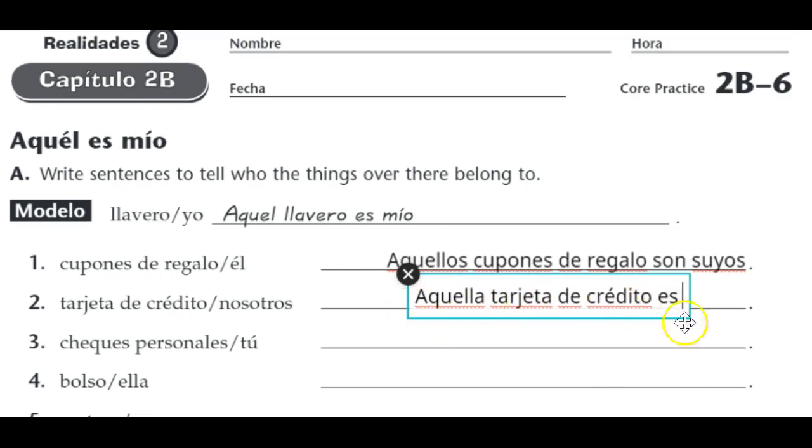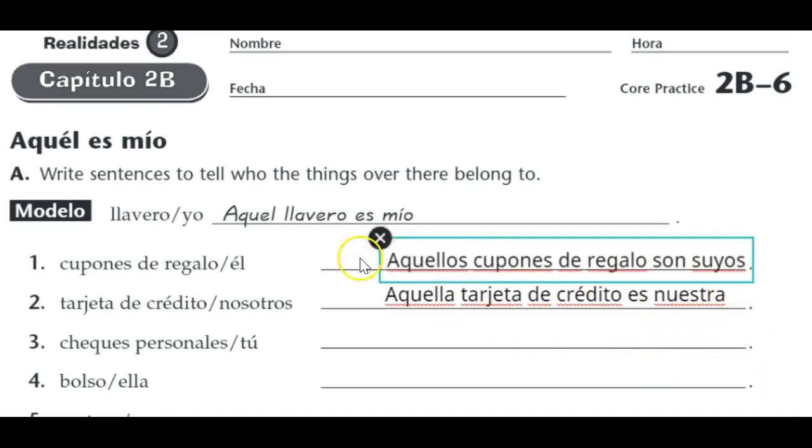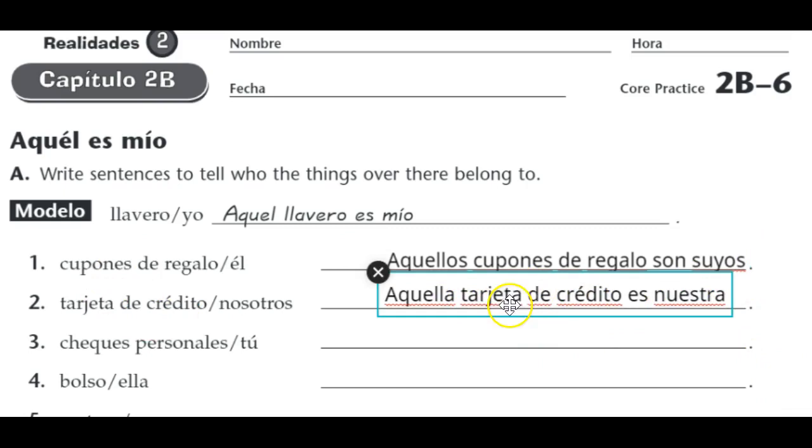That credit card, it's only one, so it has to be es, right? Ellos would be son, es. We want to say that it's ours. Es nuestra, right? Nuestra, it's ours. You got to remember our possessive adjectives, right? It's got to agree with the gender and number of the thing. So nuestra is ours. It's our what? Credit card. Credit card is feminine in Spanish. Card is feminine. Aquella tarjeta de crédito.